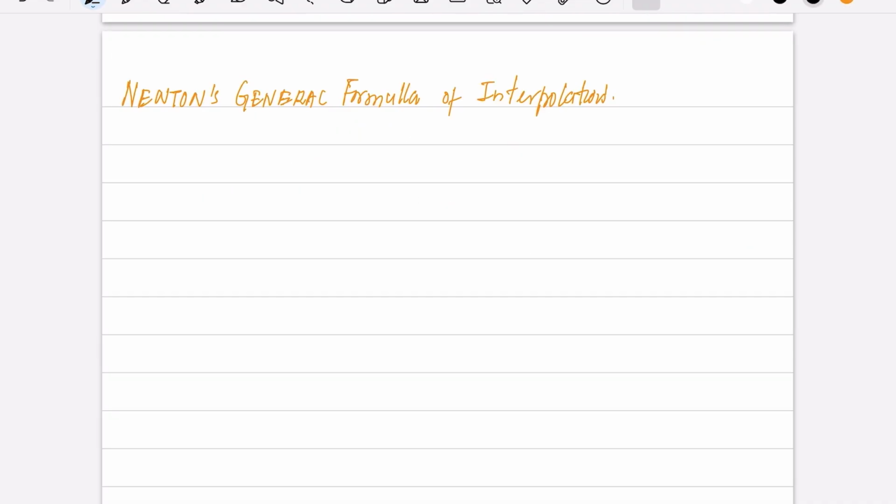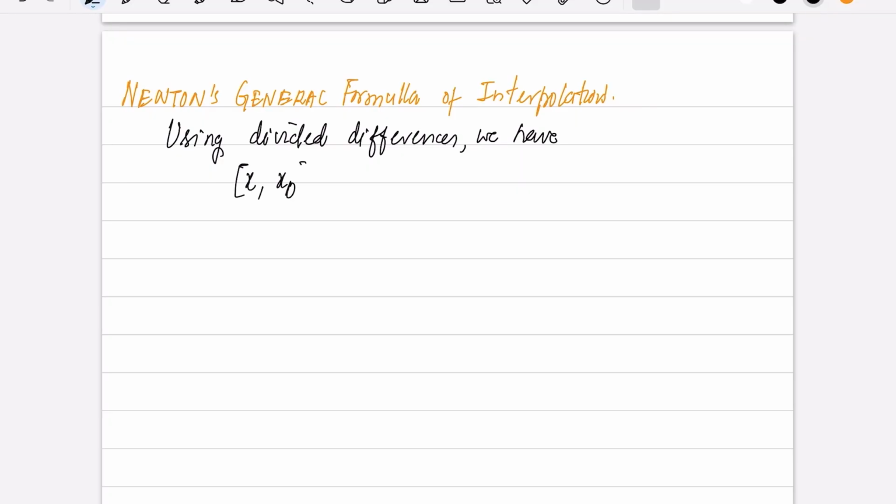Now using these divided differences, we have the first one: x comma x0 is equal to y minus y0 divided by x minus x0.